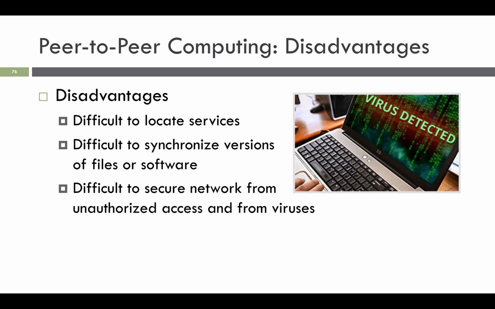There are several disadvantages of this model, including how to keep the list of computers or hosts and their services up to date. For example, how do the devices find each other without the central server connecting them? One way is that each device has to broadcast information about themselves so others can know they are out there.